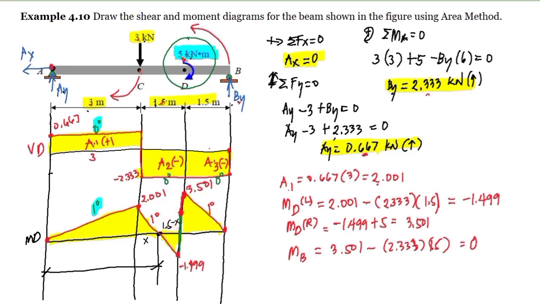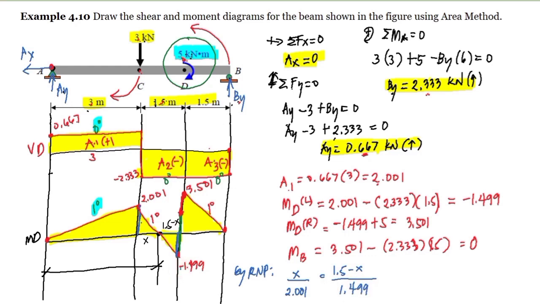By ratio and proportion, on the left we have x is to 2.001, this part here, and on the other side, 1.5 minus x is to 1.499. Don't consider the sign.